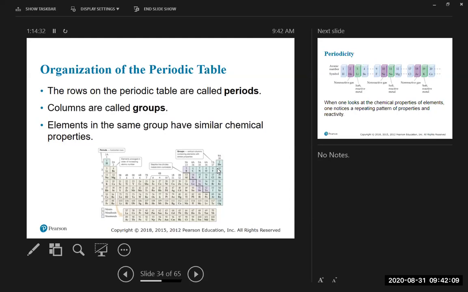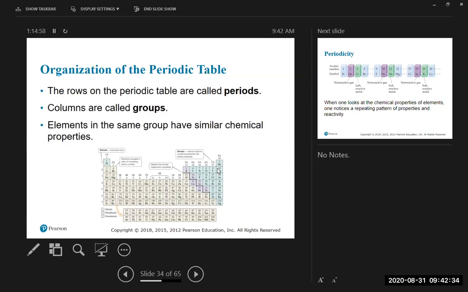The other thing we'll learn is that as you go across the rows, across the periods, you'll see increasing or decreasing trends in some properties.